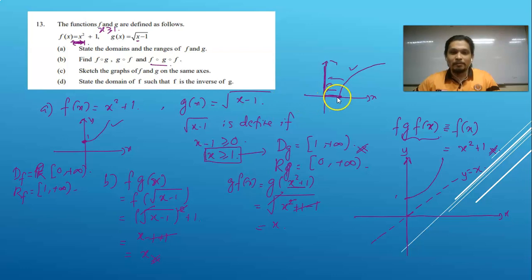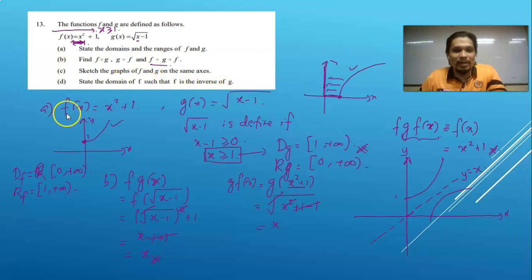and then here 1. Okay, that's it. State the domain of f such that f is the inverse of g. Okay class, now I know I put this too early, because this is the question of D. State the domain of f such that f is the inverse of g.